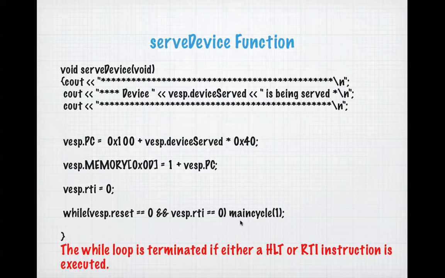This is just another, as you can see, main cycle. That's another execution process which will continue until a halt instruction or an RTI instruction, which is to say return from the interrupt instruction, is encountered.